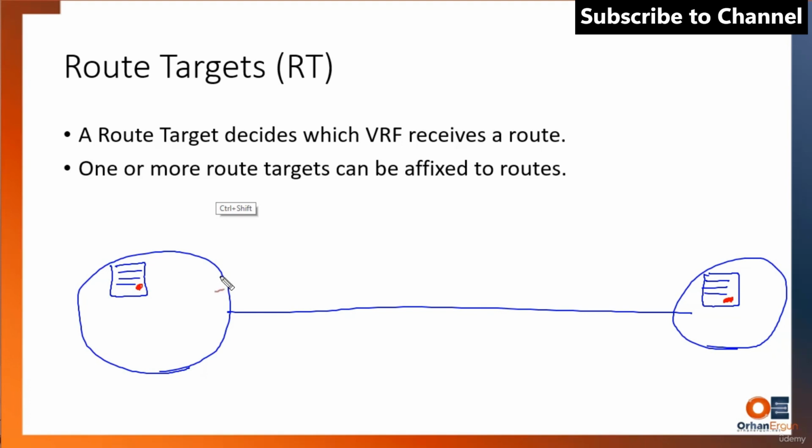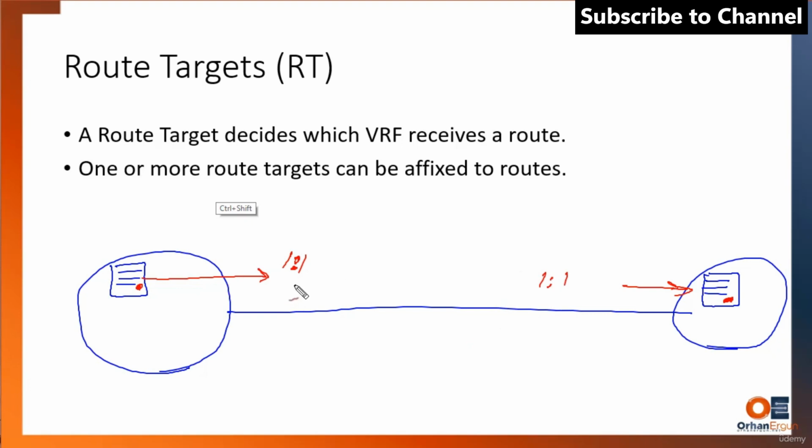So what should I do? When I am sending this to the other side, I say that I am exporting this with a specific value like 1:1. This is going to say I am importing just routes that have 1:1, not the route distinguisher.